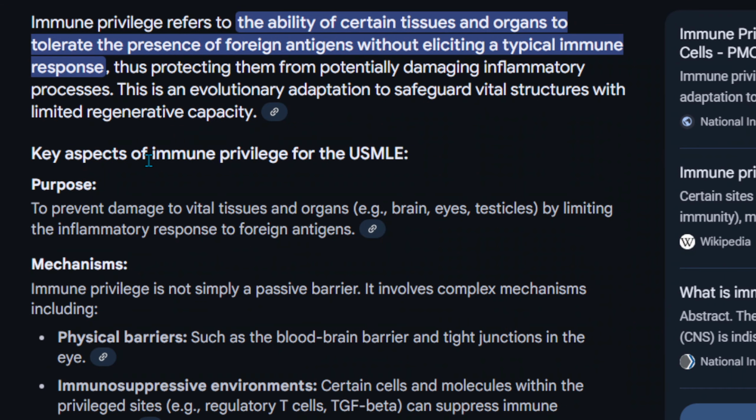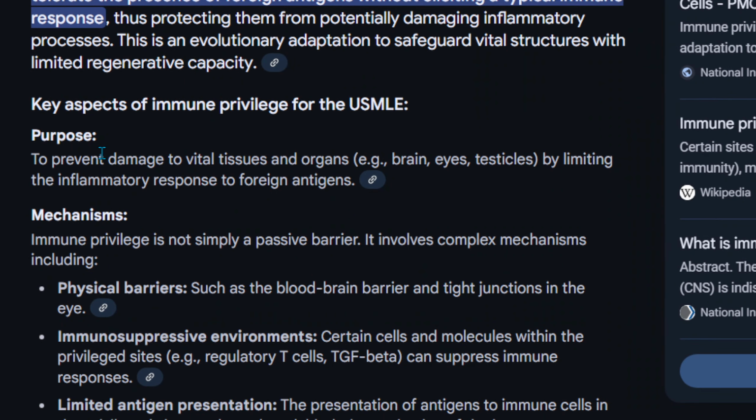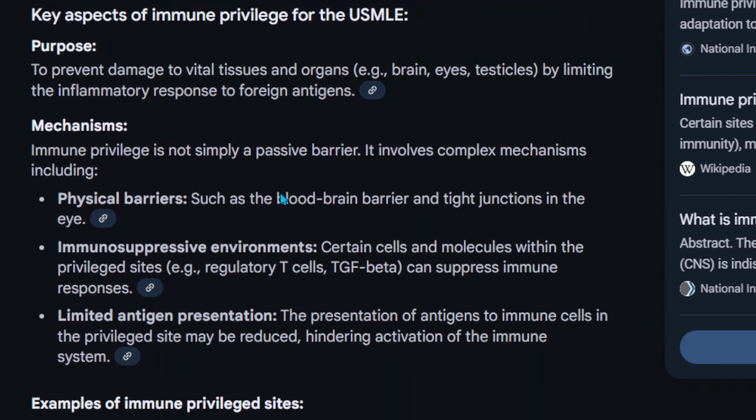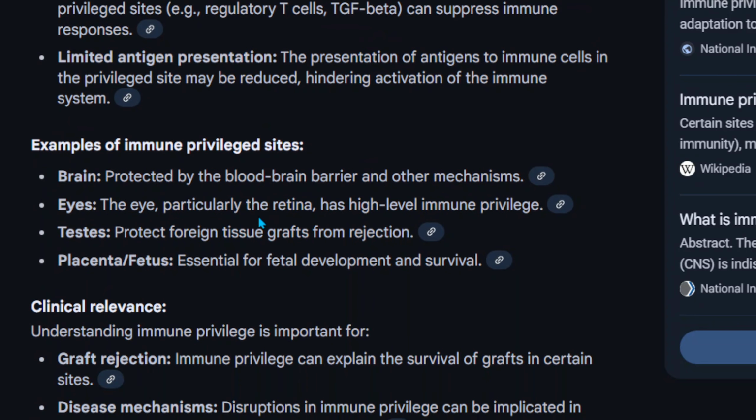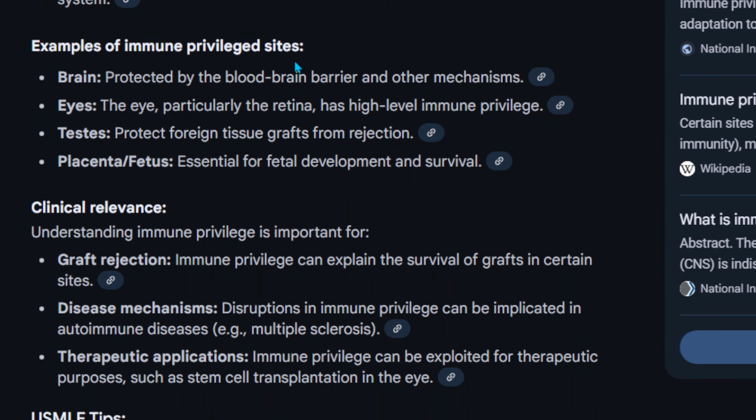The key aspect of immune privilege for the USMLE is that its purpose is to prevent damage to vital tissues and organs, for example the brain, eyes, and testicles, by limiting the inflammatory response to foreign antigens. The mechanisms: the physical barrier we just said before, an immunosuppressive environment, and limited antigen presentation.